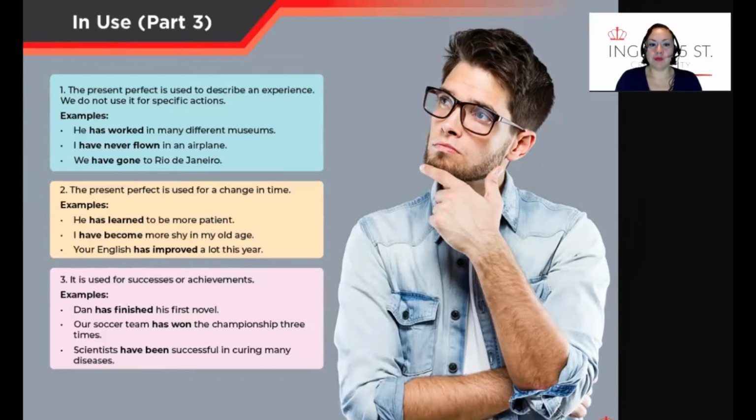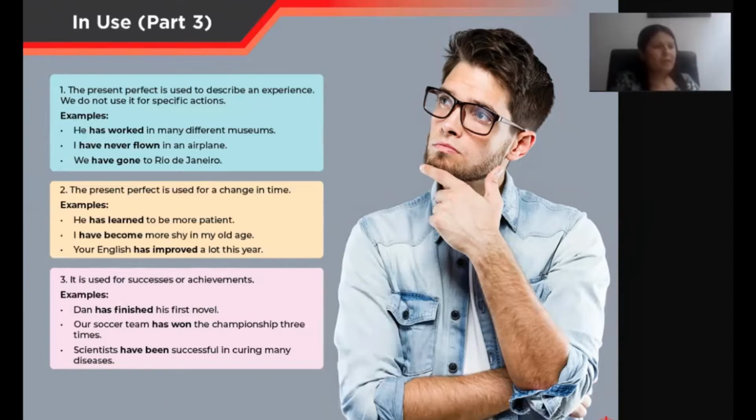Number two, Paula. The present perfect is used for a change in time. Examples: he has learned to be more patient. I have become more shy in my old age. And your English has improved a lot this year.